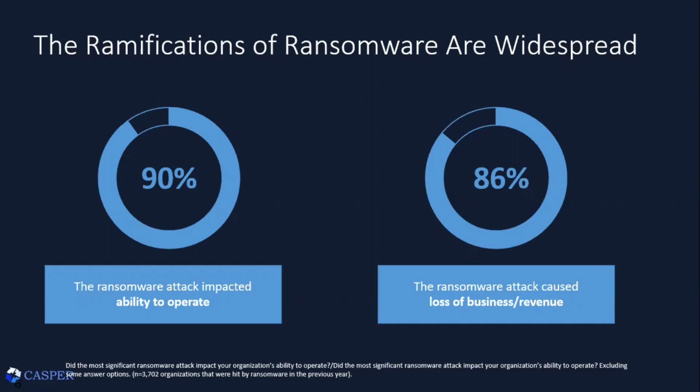And the servers hosting this software, once they get hit, it has a very big impact on operations. And 68% of ransomware attacks cause loss of revenue and business. Due to the downtime, there's obviously going to be a loss in revenue and business.